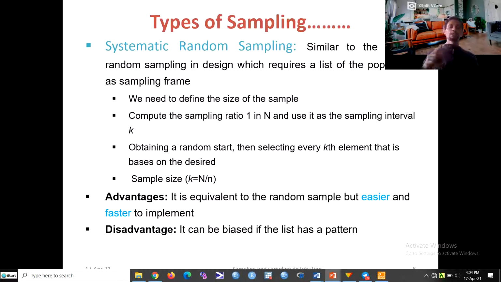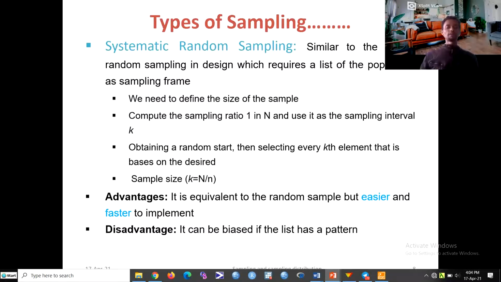Then I will select every k-th element based on the desired sample size. The sampling interval k is calculated as the ratio between capital N and small n, where small n is my determined sample size and capital N is my population size.